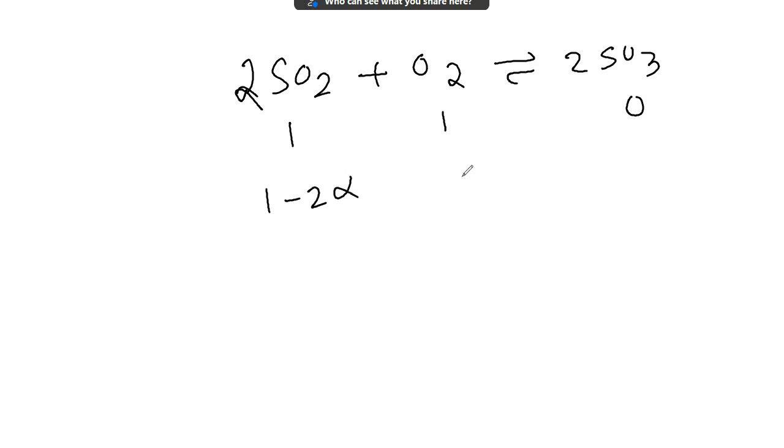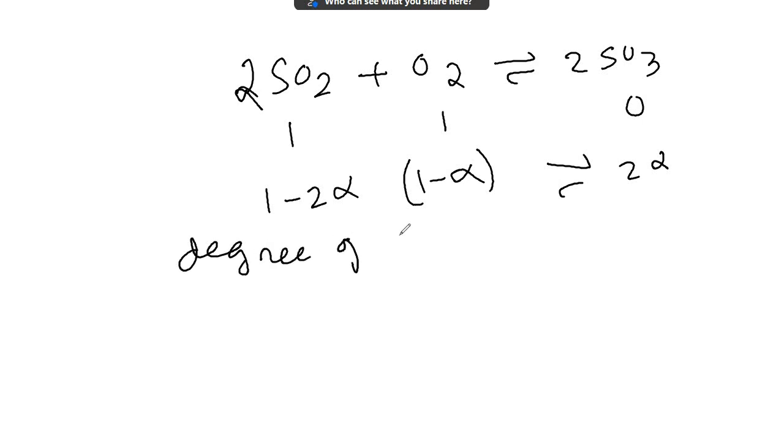Suppose 2 alpha mole decomposed over here, because for every 2 moles, 1 mole of them reacts. In this case, degree of dissociation will be 2 alpha by 1. That is 2 alpha.